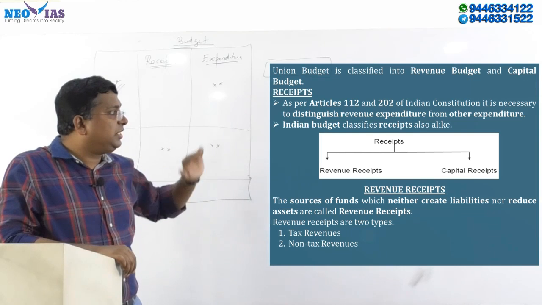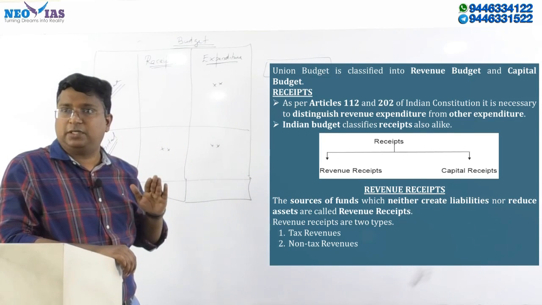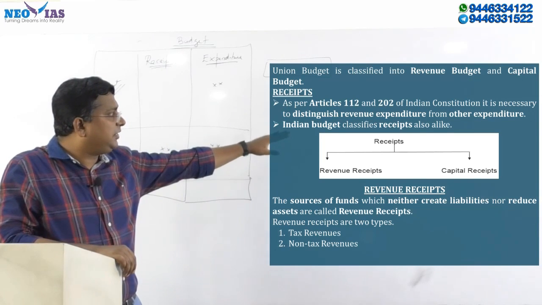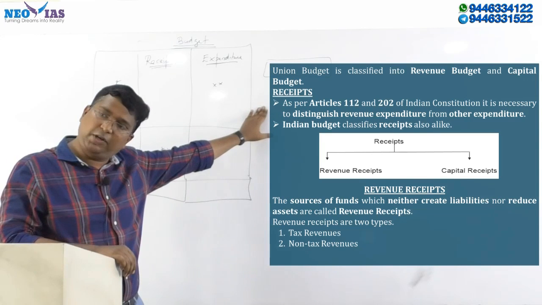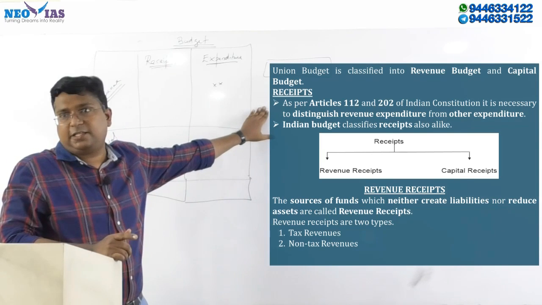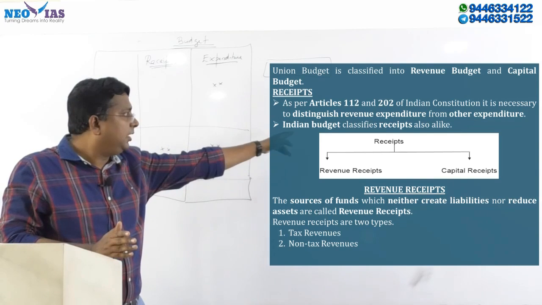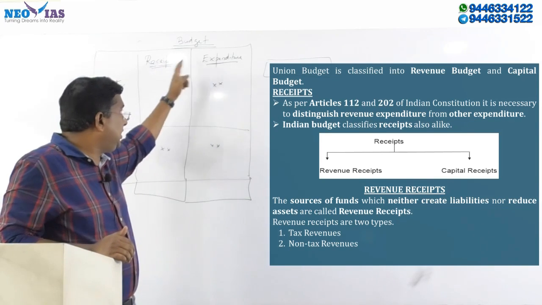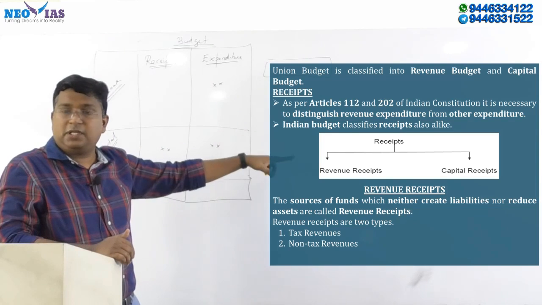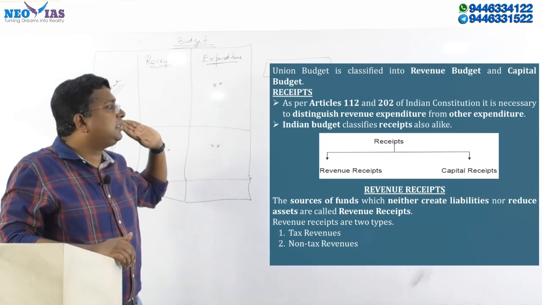Similarly, the constitution does not mention receipts, but the Indian budget classifies them. So the constitution distinguishes revenue expenditure and other expenditure, that is capital expenditure, and the budget similarly classifies receipts and expenditure as revenue receipts and capital receipts.